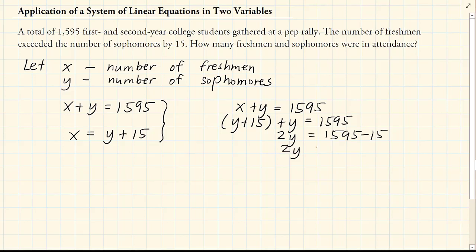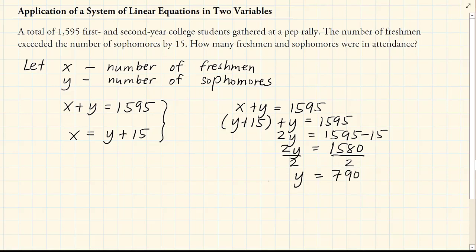So 1,595 minus 15 is 1,580. We divide both sides by 2. The answer should be y is equal to 790.